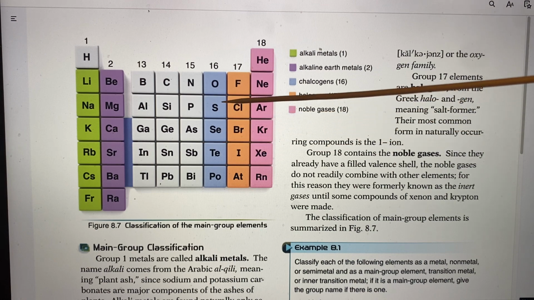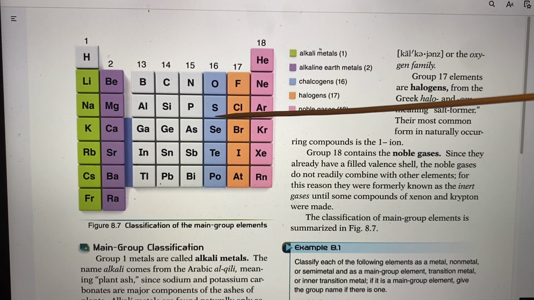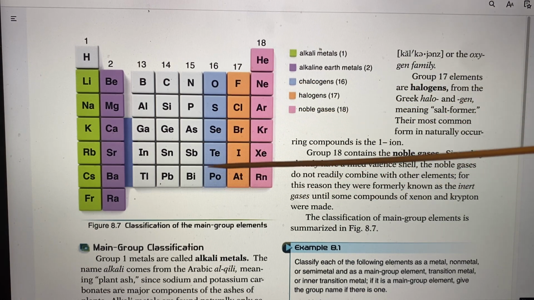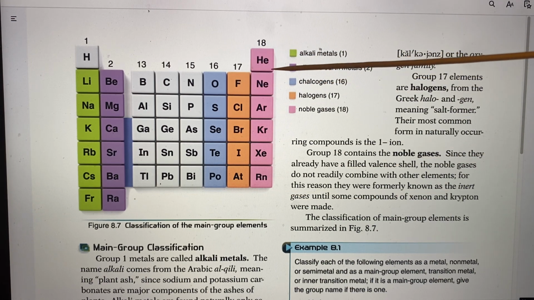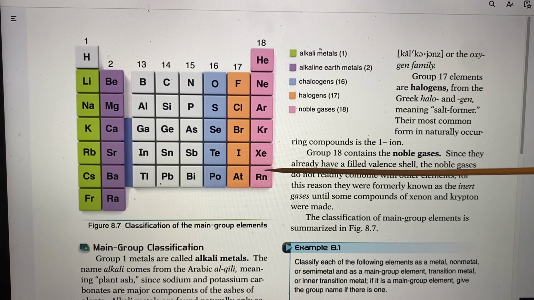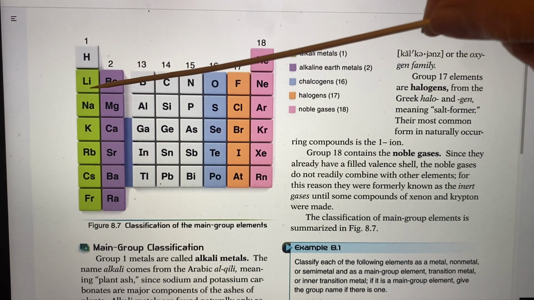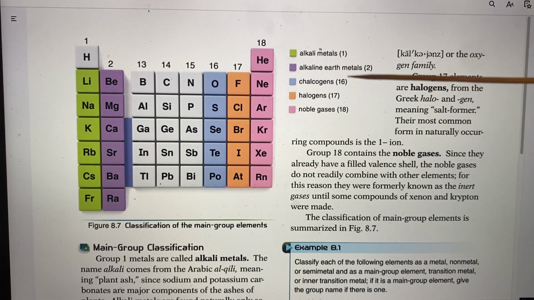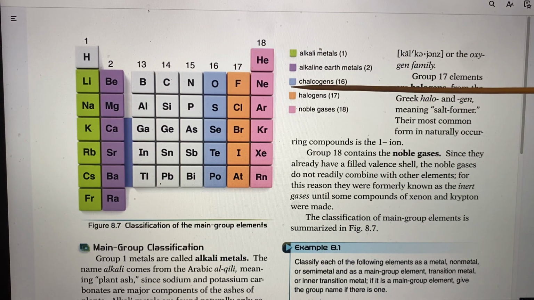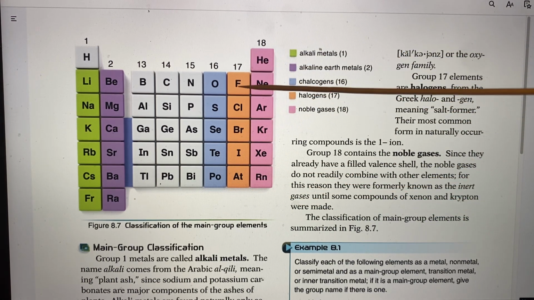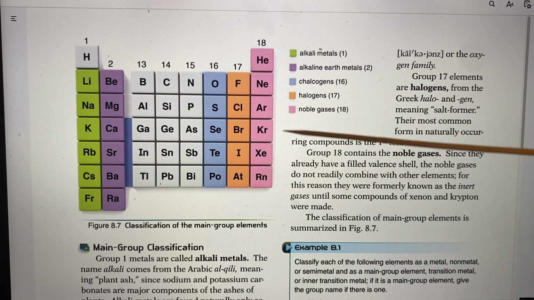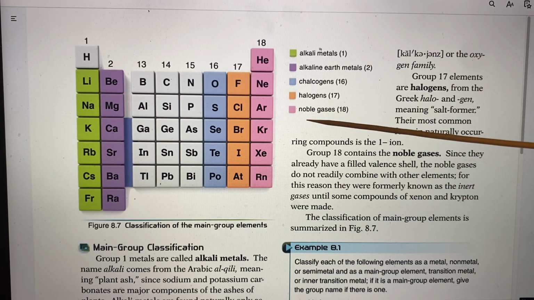And on to 16 would be the oxygen or chalcogens, and on to the halogens, and on to the noble gases. So alkaline metals are green, alkaline earth metals, purple, chalcogens, blue, halogens, number 17, and on to 18, which would be the noble gases. That's how we classify those.